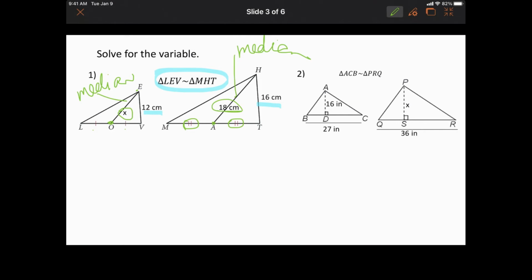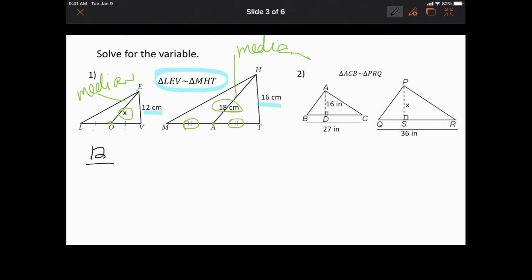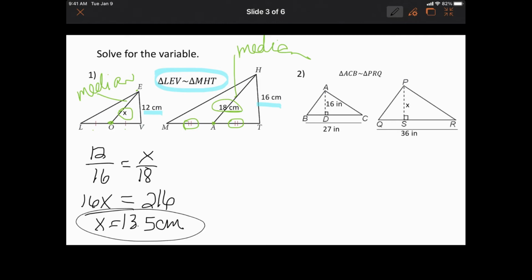Now I can write a proportion. 12 is to 16 as x is to 18. We're going to cross multiply and divide, and I have 13.5 centimeters. There you are.